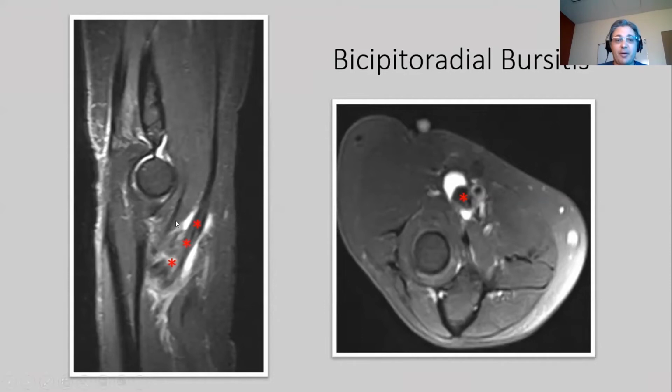The surrounding fluid signal is bicipital radial bursitis. This round structure is your biceps tendon going down to attach to the radial tuberosity. This cystic mass surrounding the distal biceps tendon at the anterior aspect of the elbow is your bicipital radial bursitis.